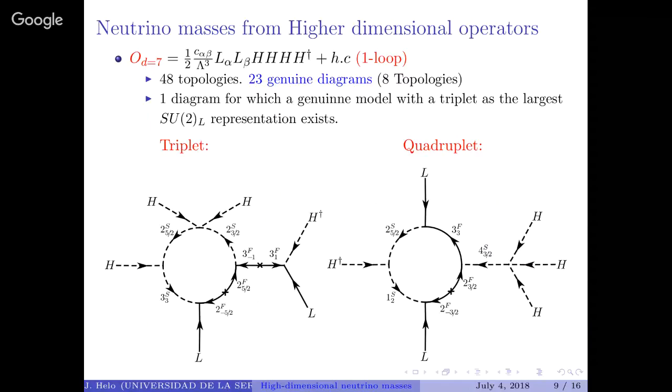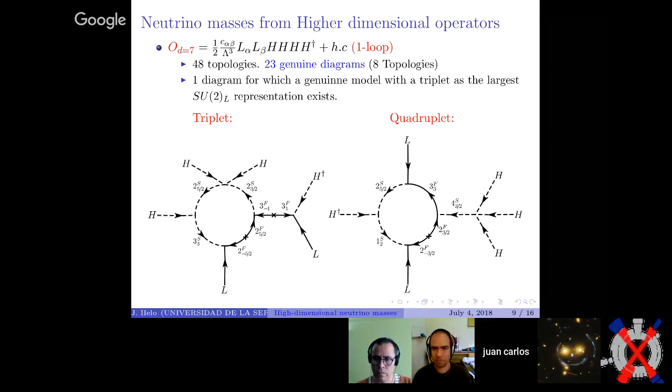Yeah, and I mean, in principle, you can have, for instance, loop diagrams which are more important than the tree level diagrams at the same level operator, but you need to play with the couplings. If you put couplings very small for the tree level, of course, the contribution will be very small. So we are not analyzing that situation, but that situation is also possible and also interesting.